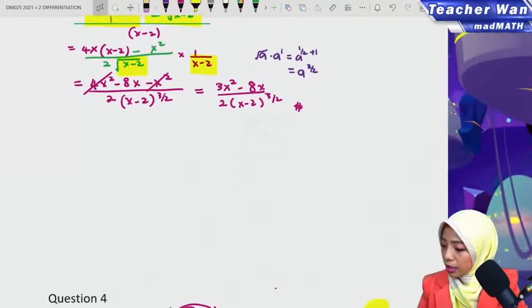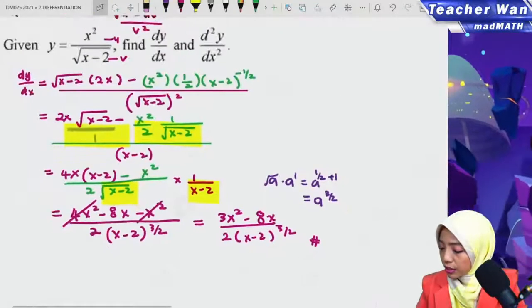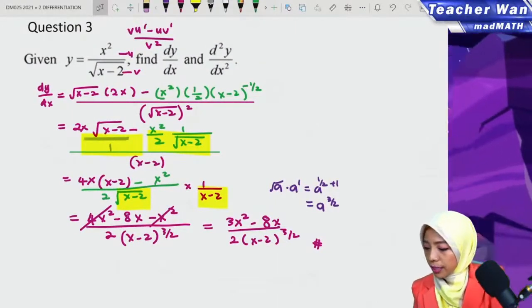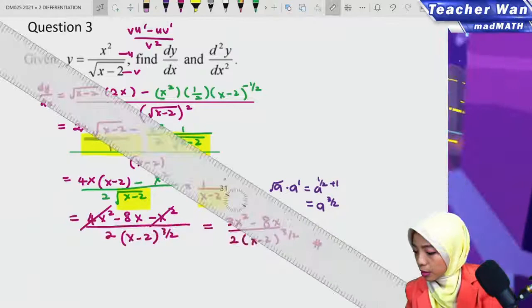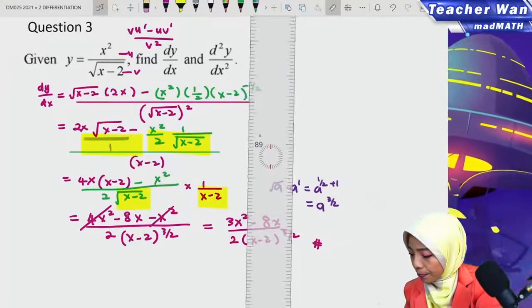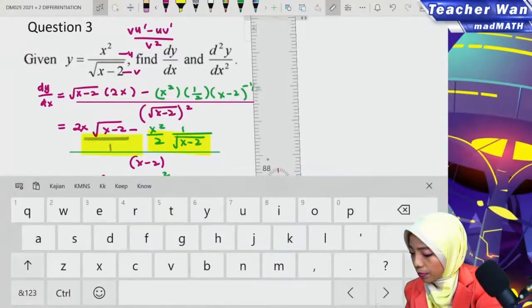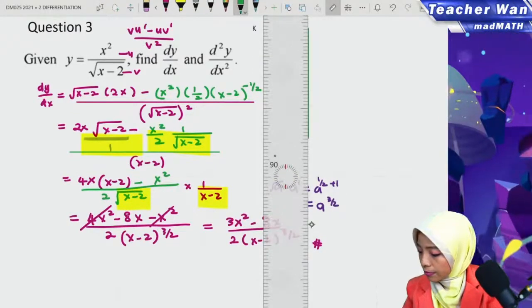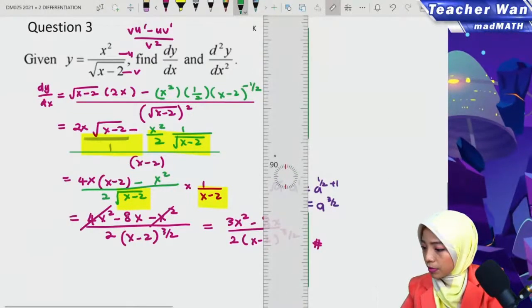Previous question. I'll do it beside here. Okay, let's do the second derivative.